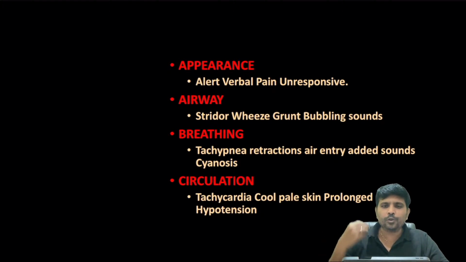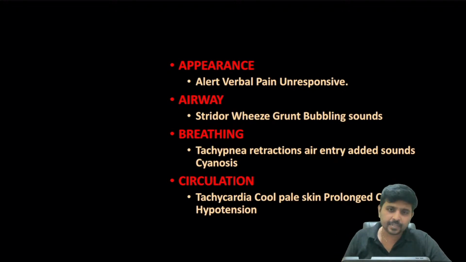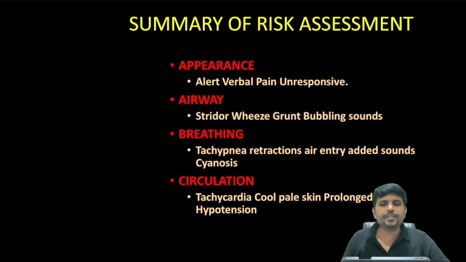Whereas for breathing, look for retractions, look for air entry, look for added sounds, and look for cyanosis. Remember, cyanosis in respiratory illness will be associated with retractions, so much indrawing, whereas cyanosis due to cardiac pathology will not be associated with that much retraction. So this is the summary of risk assessment.